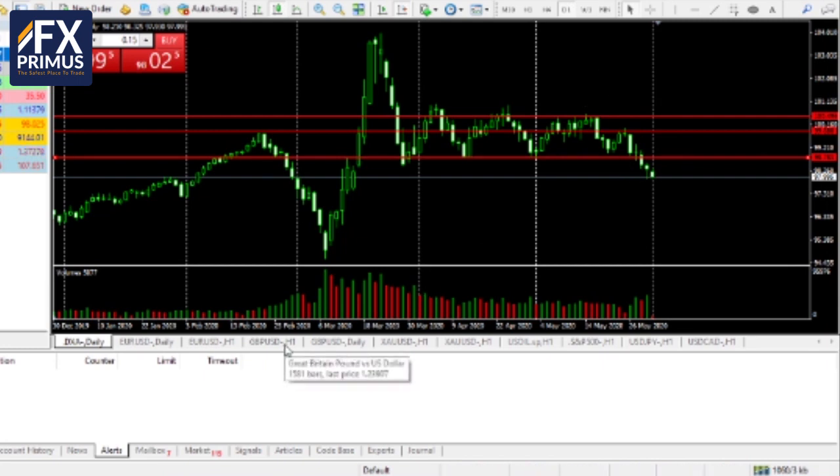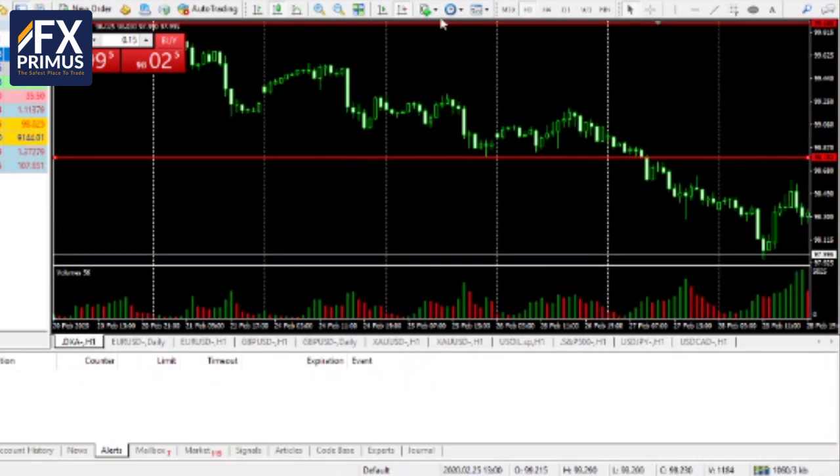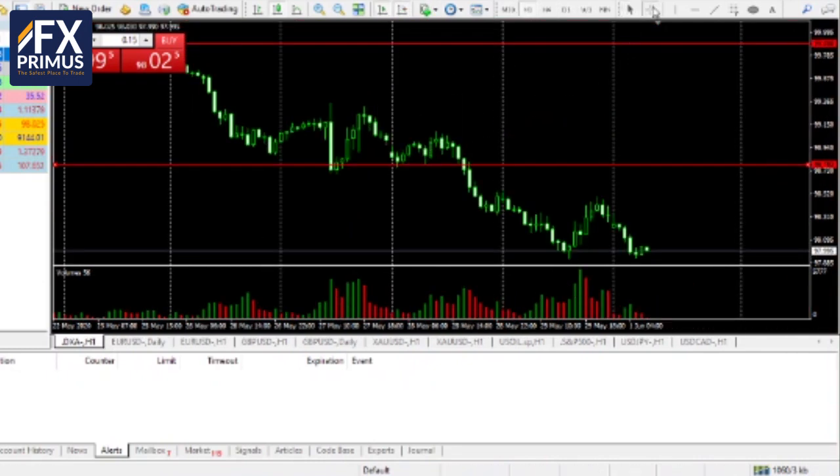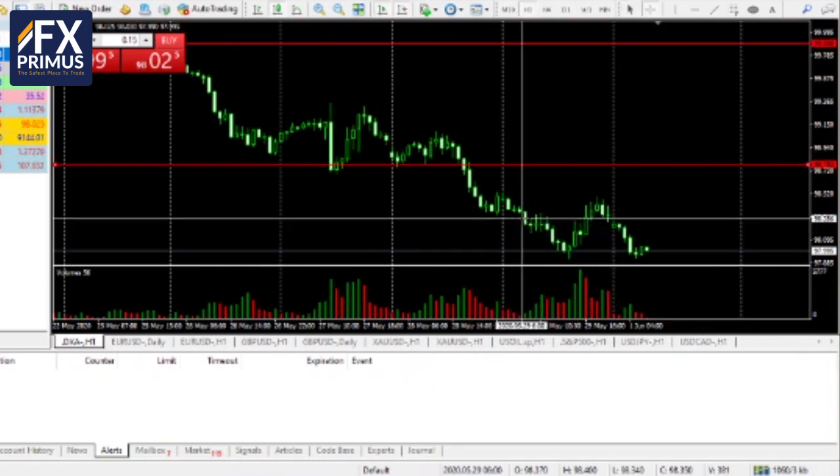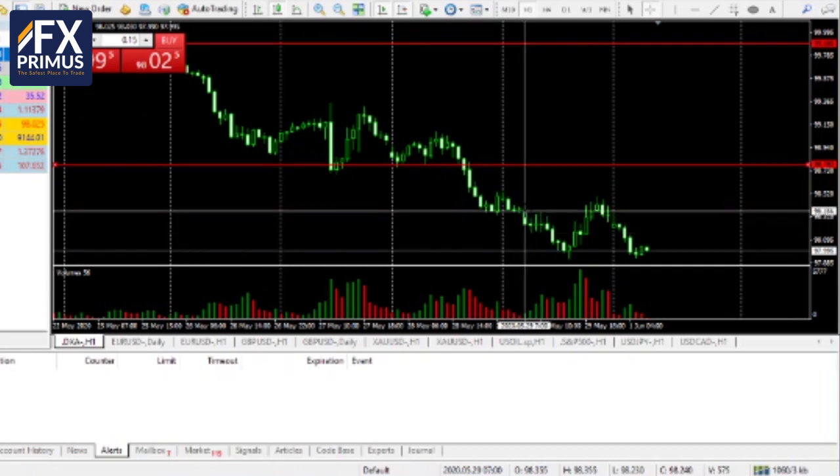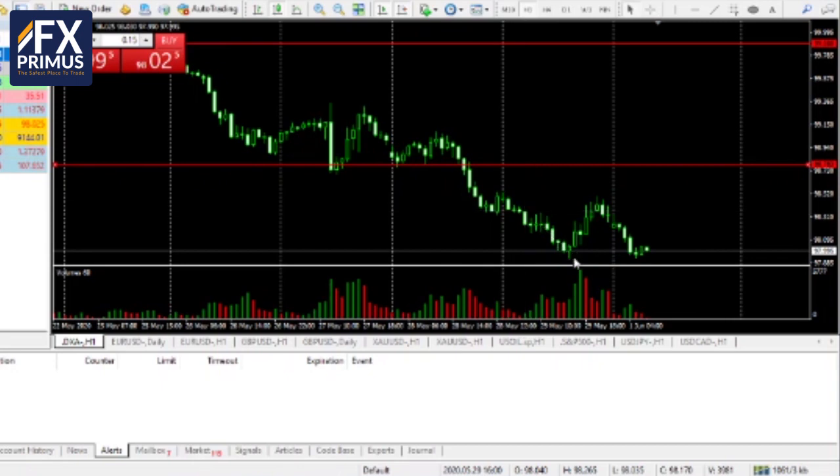Okay, so on last Friday, again, the US dollar was weak in the morning from about 11 or 12 p.m. Okay, and it dropped all the way to a low of 97.91 levels.